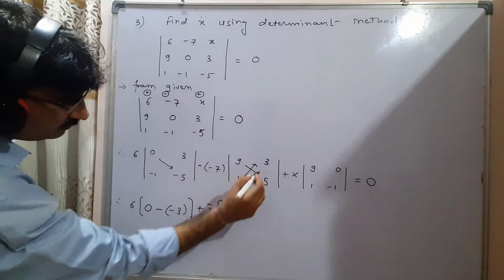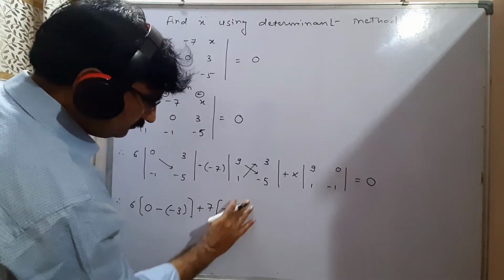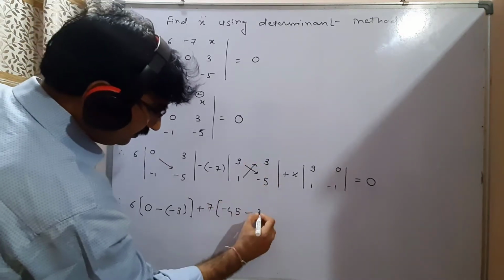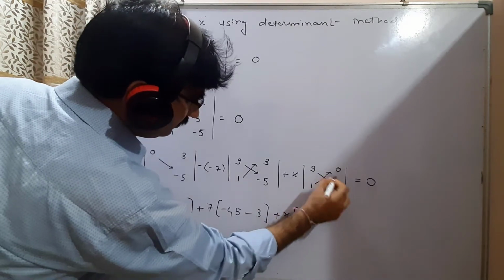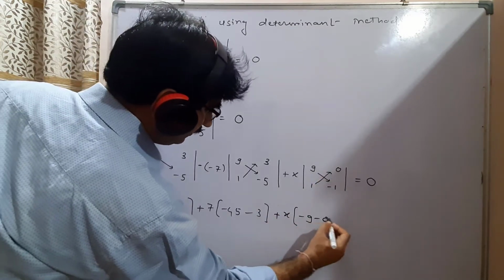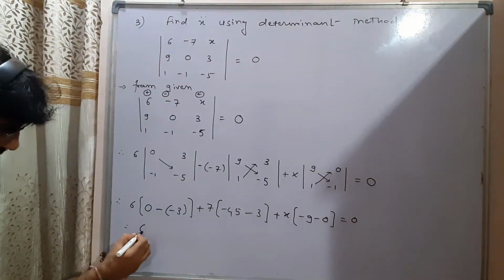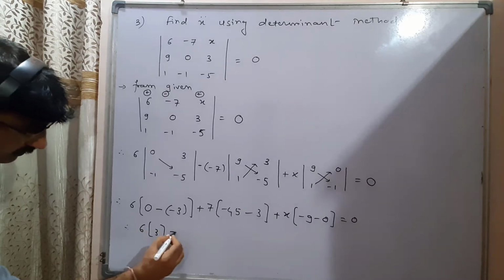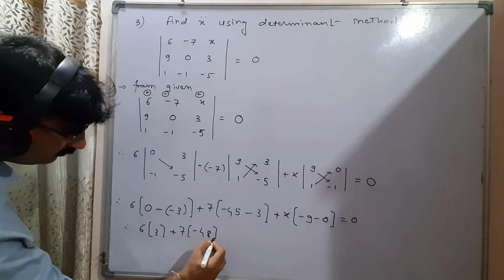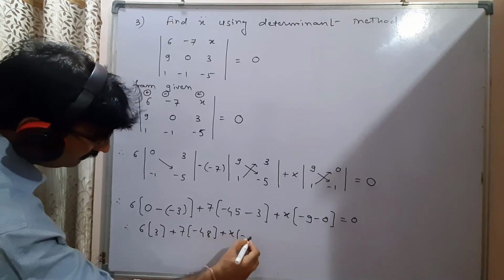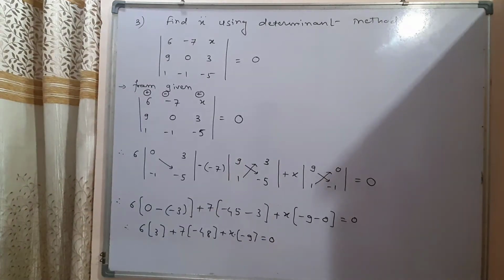Again take cross multiplication, minus 45, minus 1 into 3, that is 3, plus x into, again take cross multiplication, minus 9 minus 0 equal to 0.